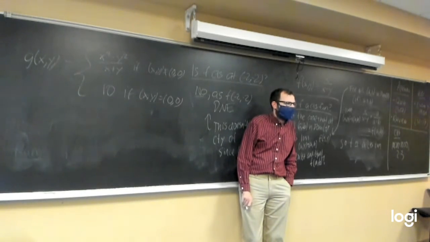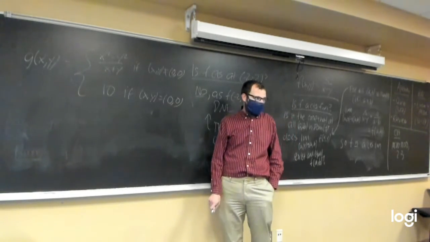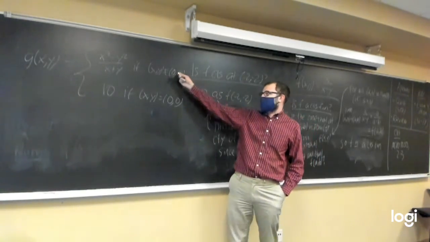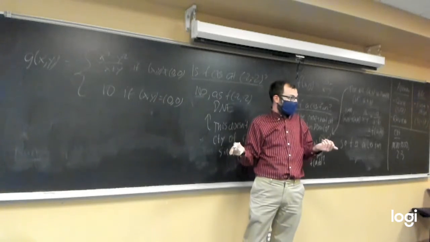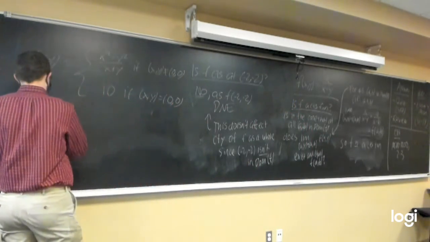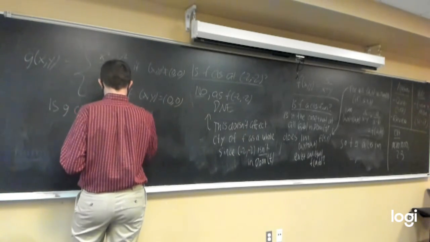Jacob? You have to see what value the top piece of the piecewise function is approaching at 0, 0. Okay. And if it approaches 10, then it's continuous. Okay. So there's some worry about whether or not this function is maybe continuous at the origin. So let's check. Is g continuous at 0, 0?